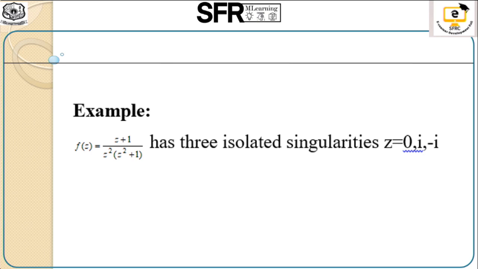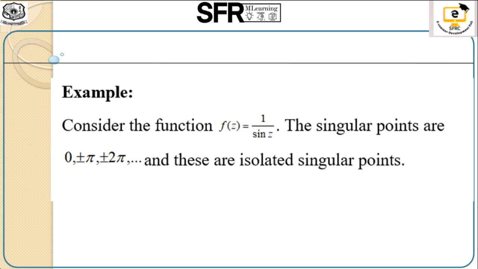The singular points are found where the denominator becomes 0. At these points the function will not be analytic. Here the denominator becomes 0 at z equal to 0, i and minus i. Other than these points, whatever point we consider in its neighborhood, the function is analytic. So these three points are isolated singularities.